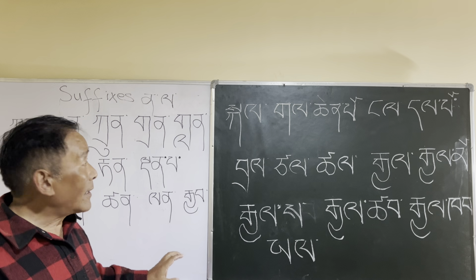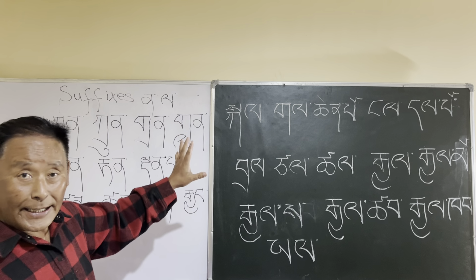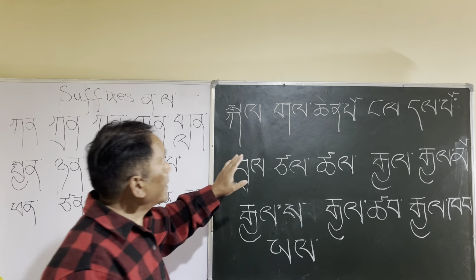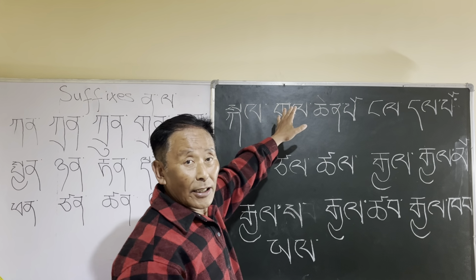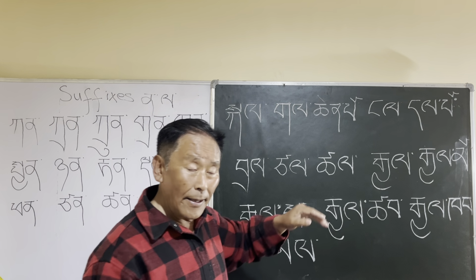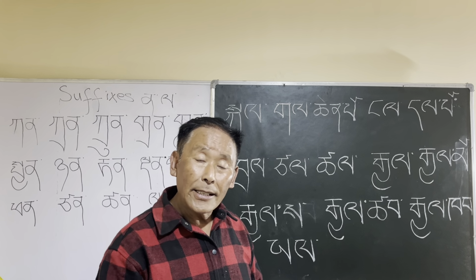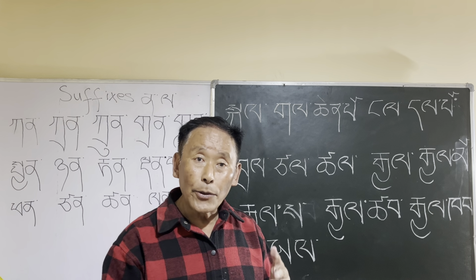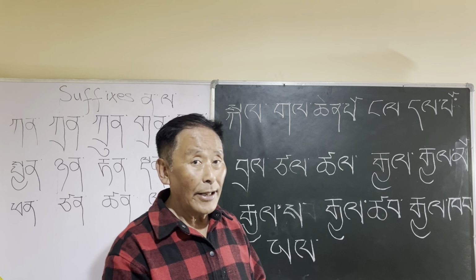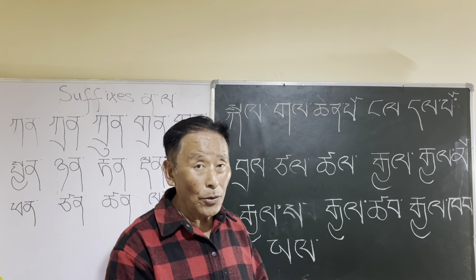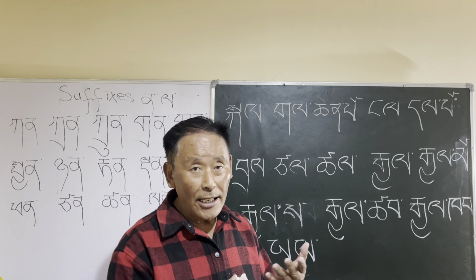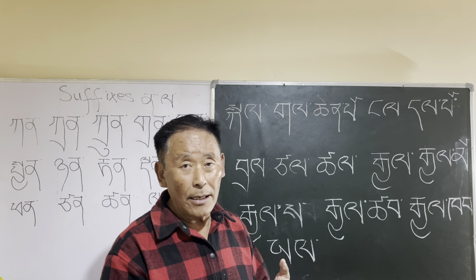Today maybe you are seeing the board more clearly. Earlier some students said there is a reflection of the light here and they can't see the board clearly. If you let me know what's going wrong, if you give me feedback, I can improve on it.